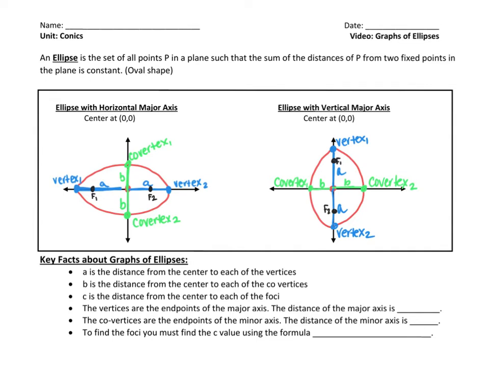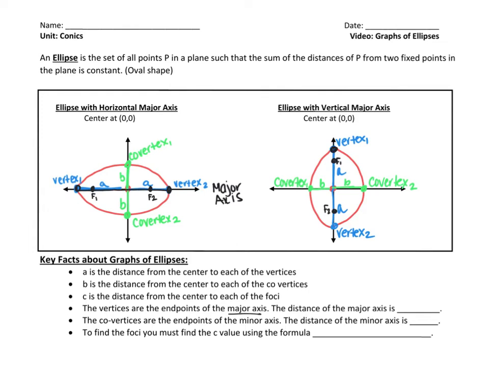Then we have that the vertices are the endpoints of what's called the major axis. So here, our major axis would be horizontal, since that's where the endpoints of the vertices are, here and here. So this would be my major axis.